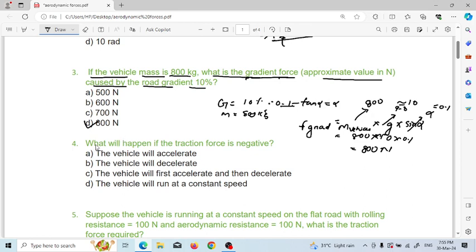Next, question number 4. What will happen if the traction force is negative? We know traction force is the effort from the powertrain.